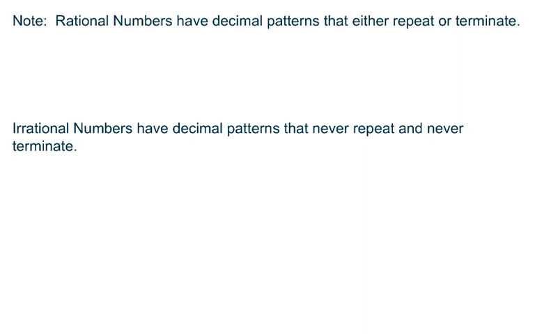What do I mean by that? Let's say we look at the rational number 3/4, and we convert that to a decimal by dividing 3 by 4. 3 divided by 4 is 0.75. That's a decimal pattern that just comes to an end fairly quickly.